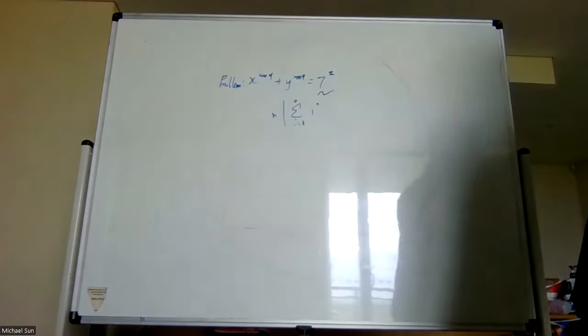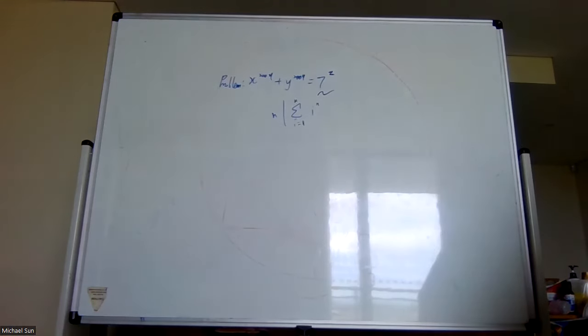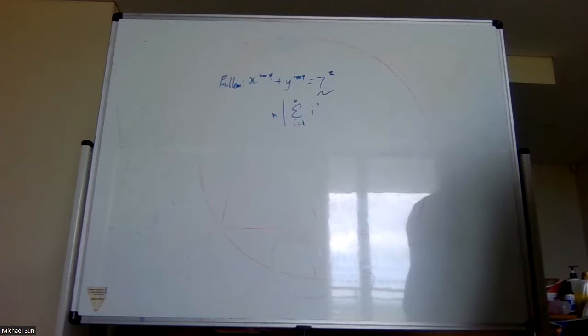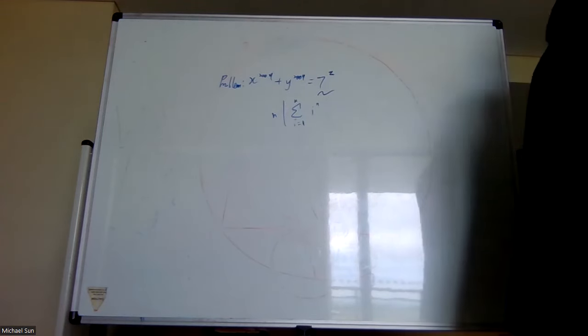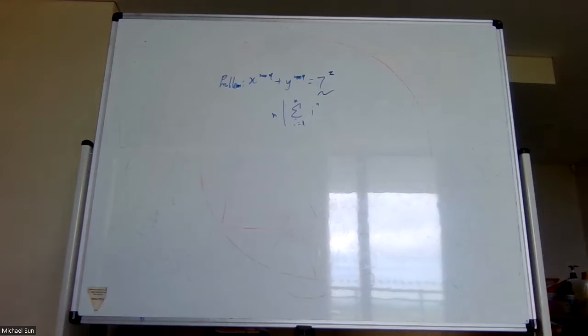Do you guys have ideas for problem one? Use LTE. It doesn't directly give you the solution, right? You have to factorize the power. Okay, I'll give you a hint.